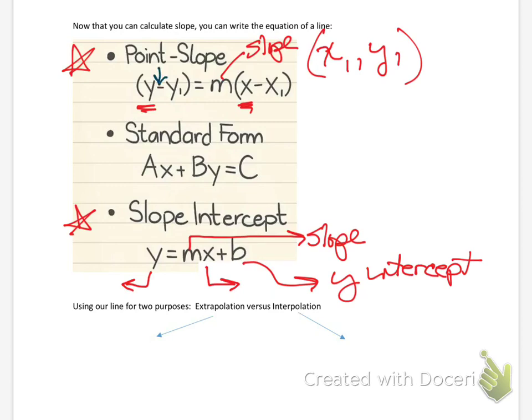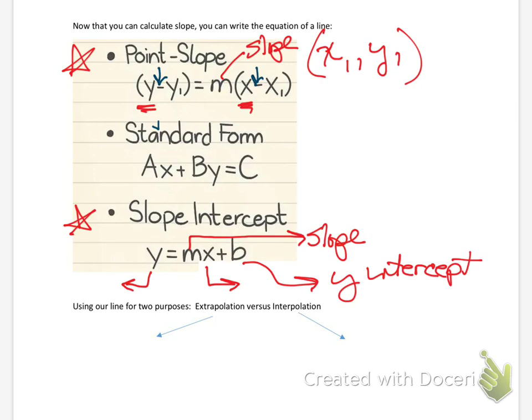This is negative. This is negative. However, if your y1 ends up being a negative number, then you would have y minus a minus number, which means that you might have a point slope equation of y plus something.